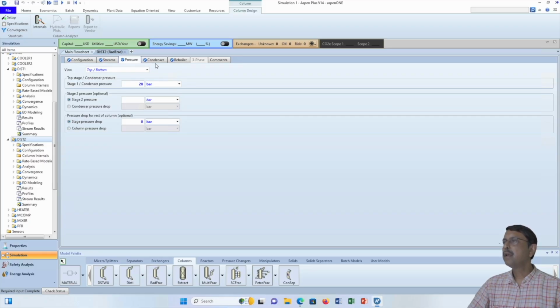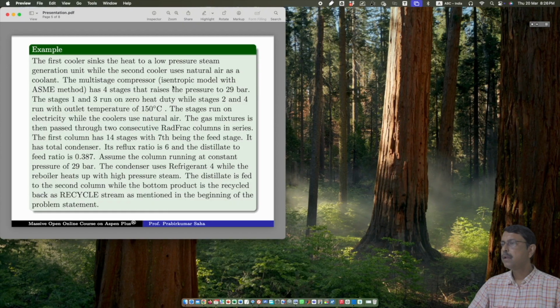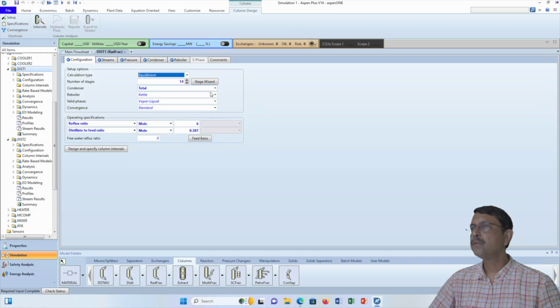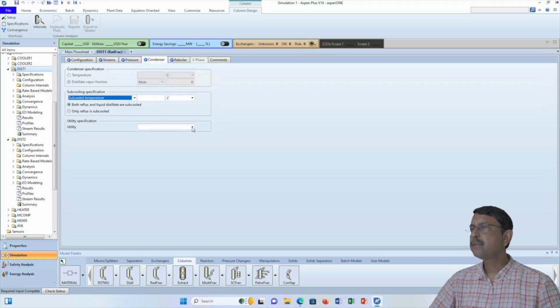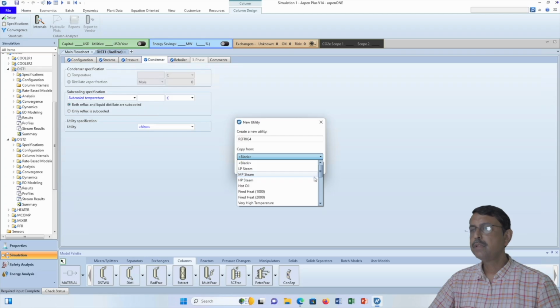Right. Now one thing we have missed out over there, in column 1, the condenser uses refrigerant 4 while the reboiler heats up with high pressure steam. So we need 2 more utilities over here. In column 1, the condenser uses refrigerant 4, so we use refrigerant 4.